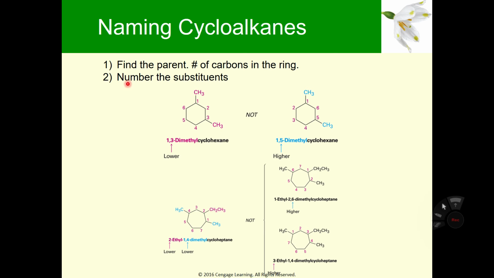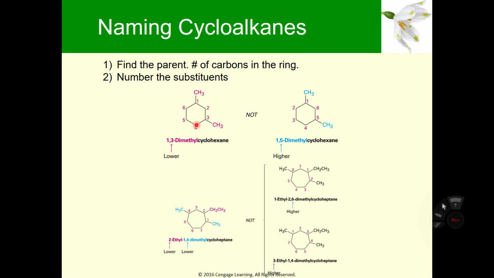Now in the second step, you have to put a number on the substituents. We can think of 2 ways. You can try to minimize the number for the substituent. So you have to start either from here or the other carbon here. Now you have to decide whether you are going to turn clockwise, or whether you are going to turn anti-clockwise.